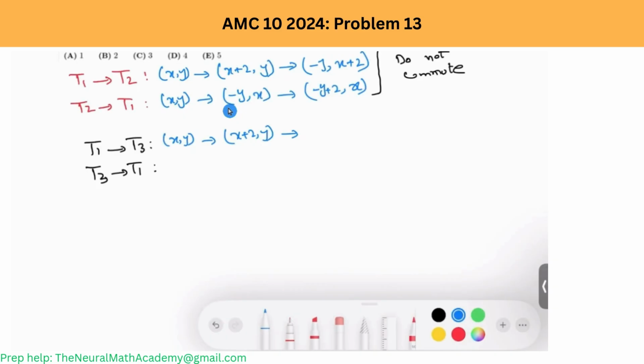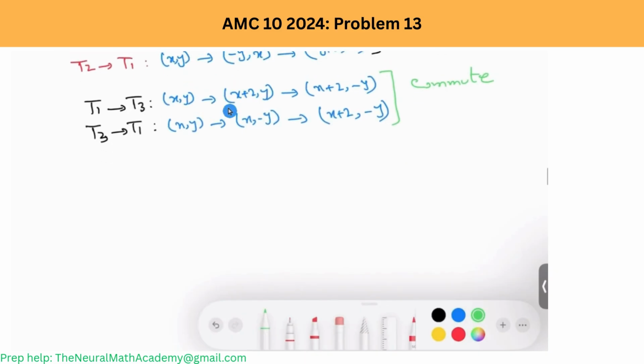So then I get x plus 2, minus y. And now if I apply T3 first, then I get x, minus y. And now if I apply T1, I get the translation along x-axis, and I get x plus 2, minus y. So in this case, if we see now the result is the same, right? So we can say that they commute.